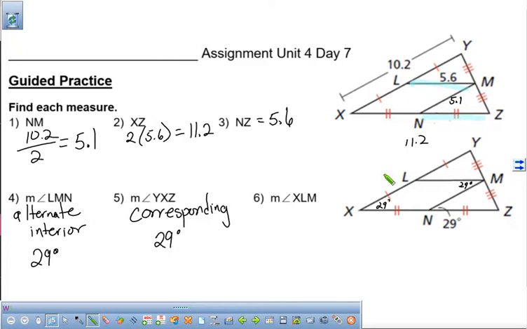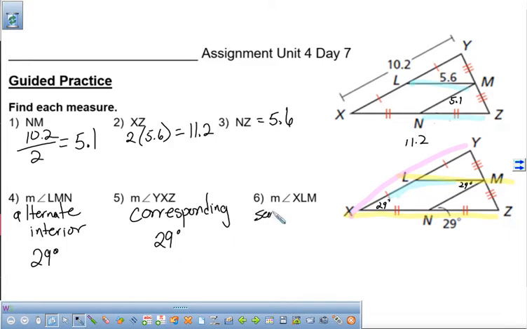And then we are looking at angle XLM. And you can look at these two lines being parallel, and this one being your transversal. What do we know about those two angles?